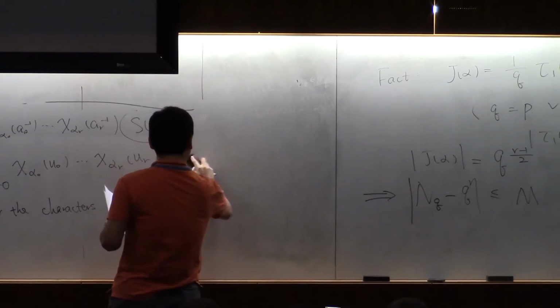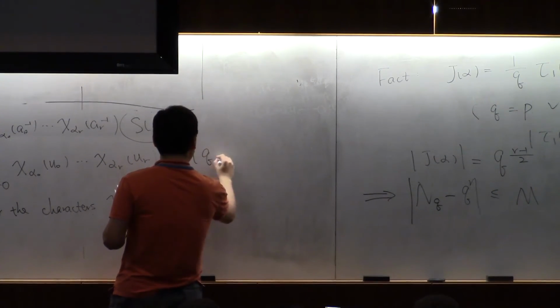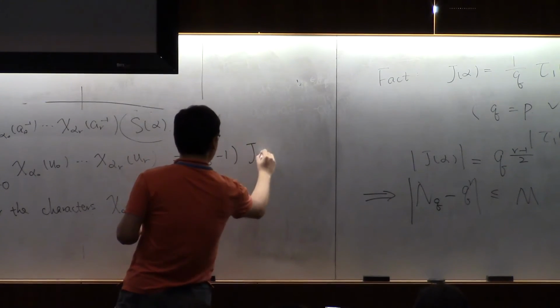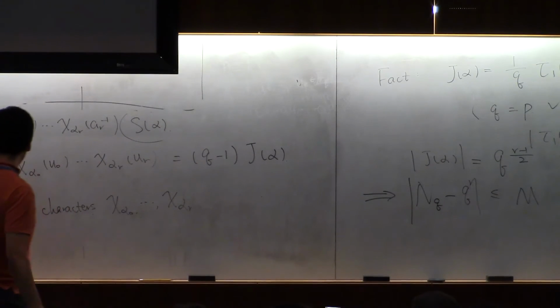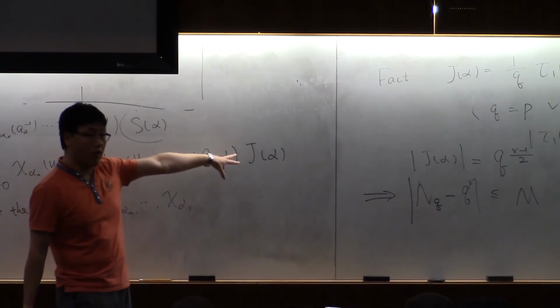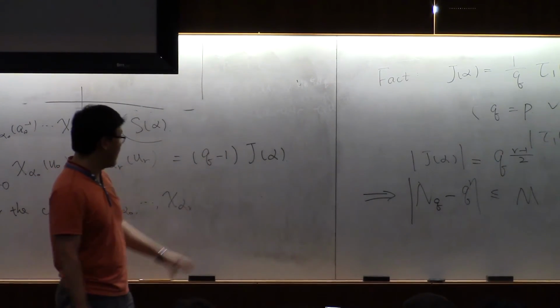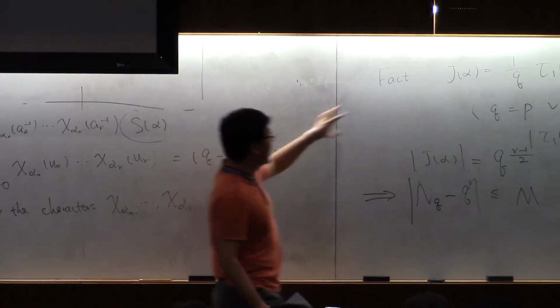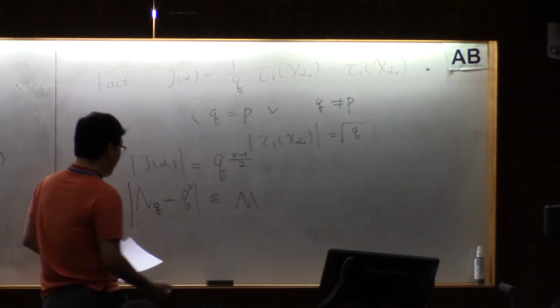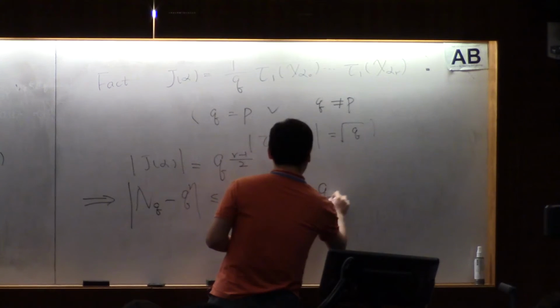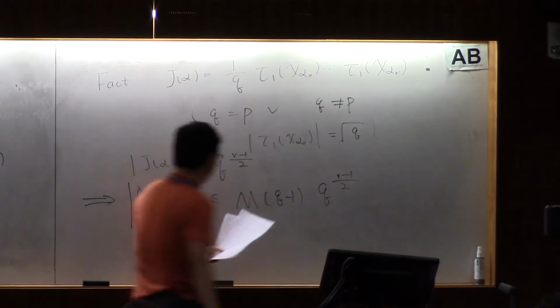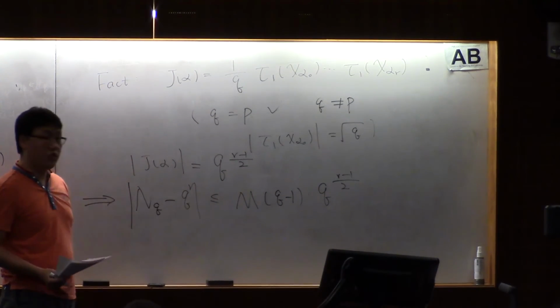Here, the Jacobi sum is what you get when you take the sum and divide by q minus 1. If you divide by q minus 1, you can write it as a product of Gauss sums. So we have an estimation for this difference.